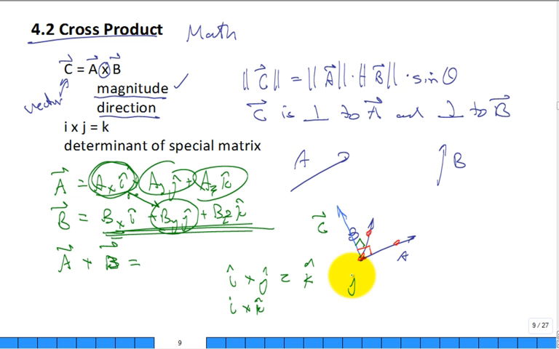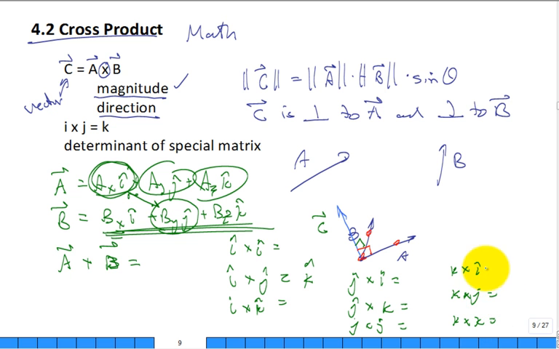Then I'm going to do j cross i and j cross k. And oh, by the way, I should have put in i cross i, and then j cross j. And all you have to do is work out 9 of these: k cross i, k cross j, k cross k. And that really gives you the formula.